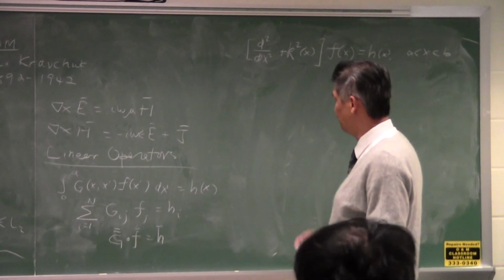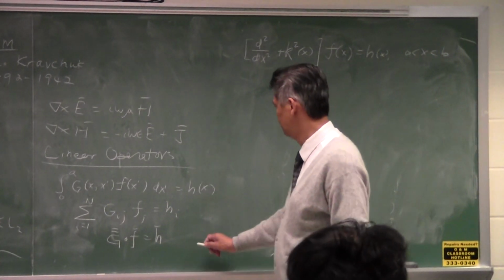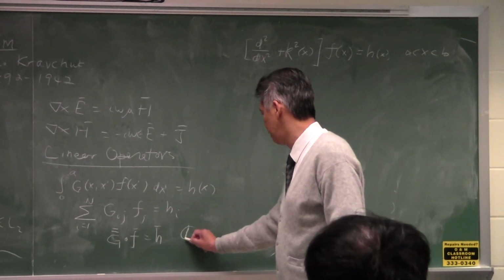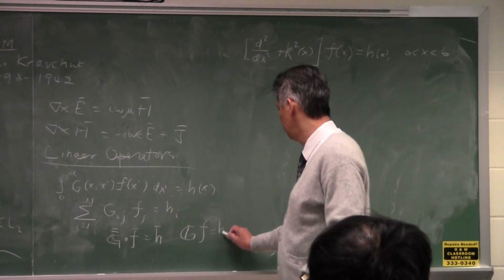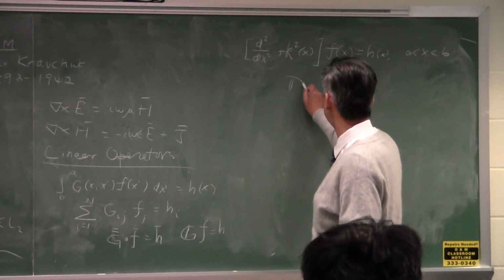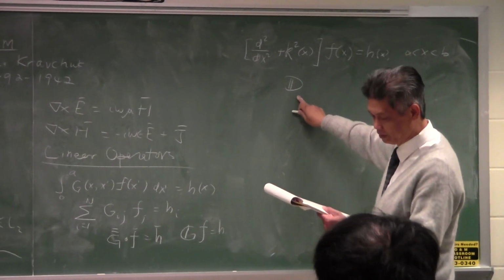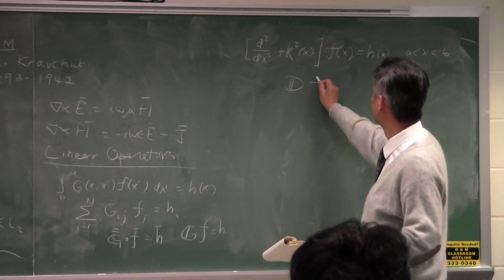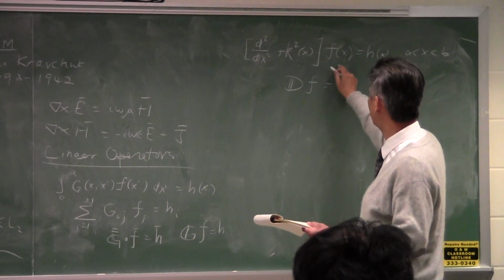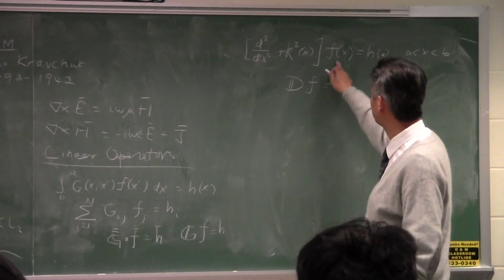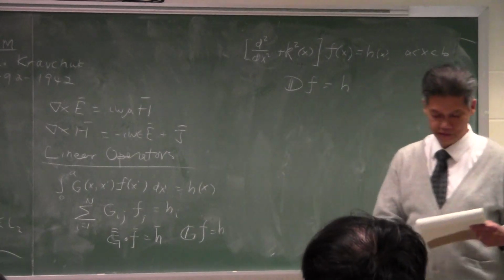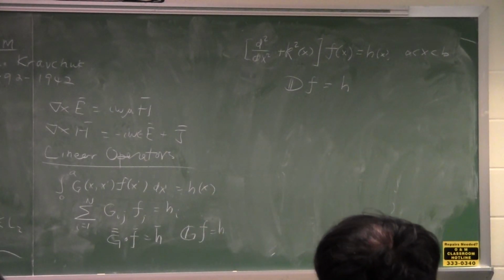And we can think of this equation as just an operator G operating on F is equal to H. You can also think of this as an operator D, which is actually a differential operator, operating on a vector F, is equal to a vector H. You can think of these functions as vectors. Okay, so are there any questions so far?